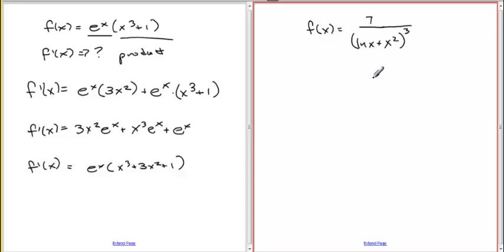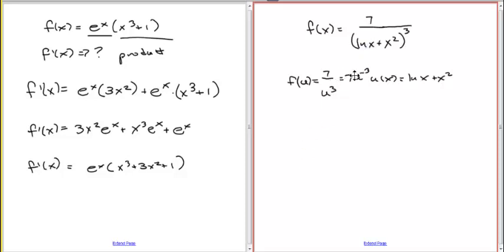So the chain rule says you pick something that's in the parentheses, which in this case is the natural log of x plus x squared, and then you rewrite the original function as a function of u. u being this thing. So this becomes 7 over u cubed, or 7 times u to the minus 3 power.